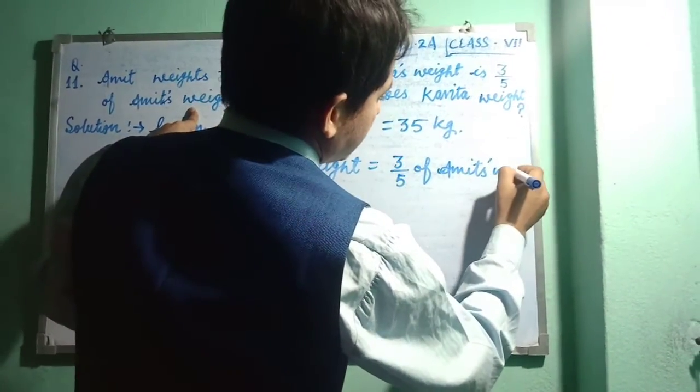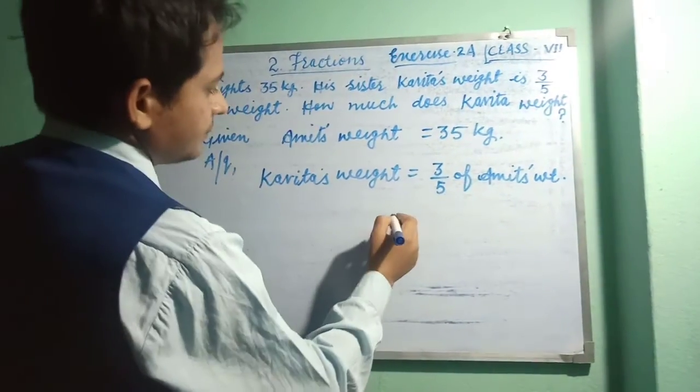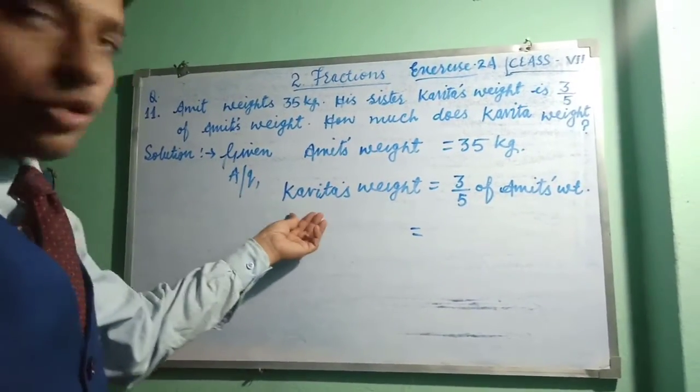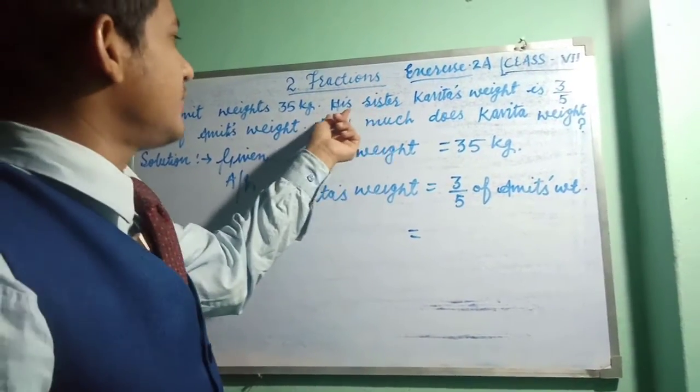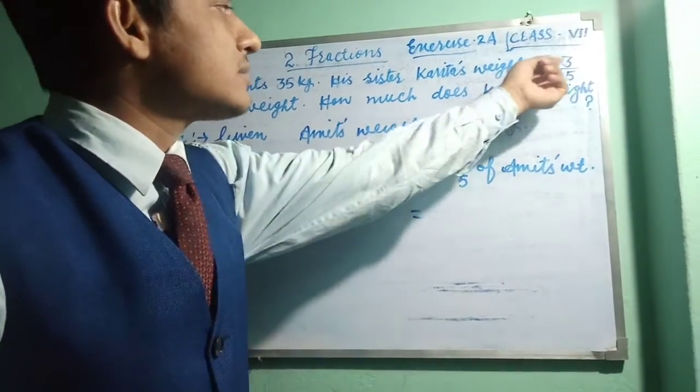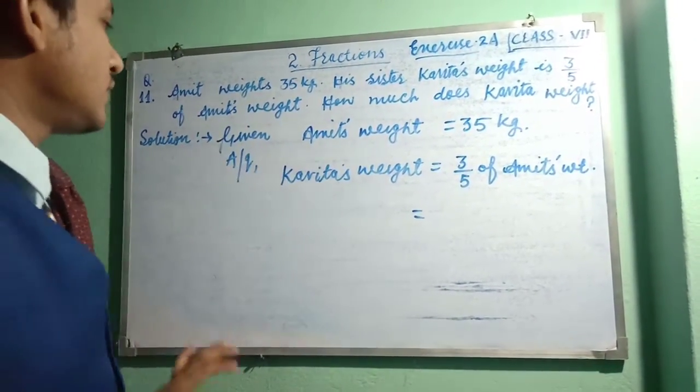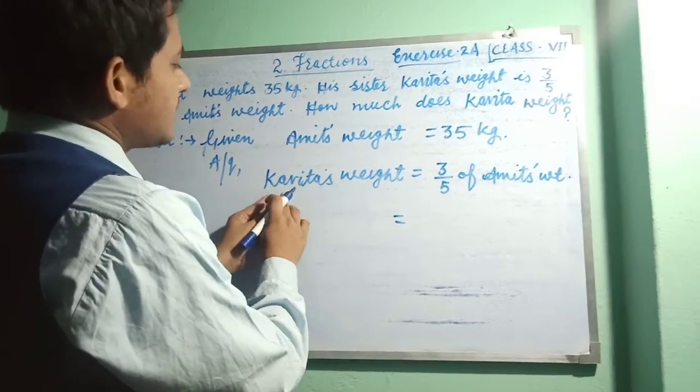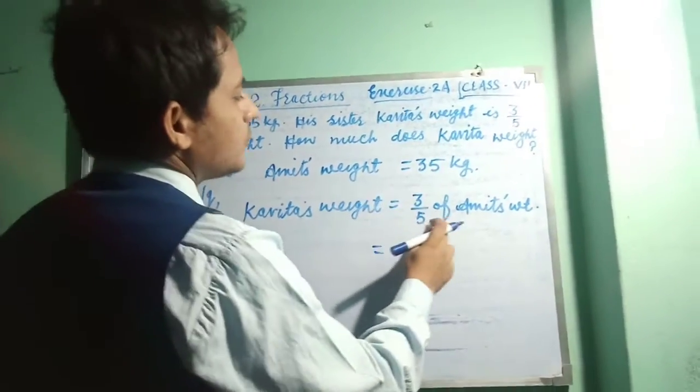Because this is according to the question: here the given is his sister Kavita's weight is 3/5 of Amit's weight. So I have already written Kavita's weight is equal to 3/5 of Amit's weight.